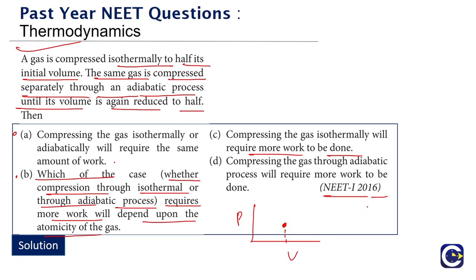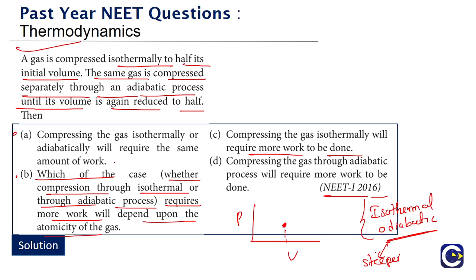Now remember, we have already talked about the relation between isothermal and adiabatic when it comes to the representation on the PV graph. Adiabatic will be more steeper. Isothermal will be gradual, adiabatic will be more steeper.